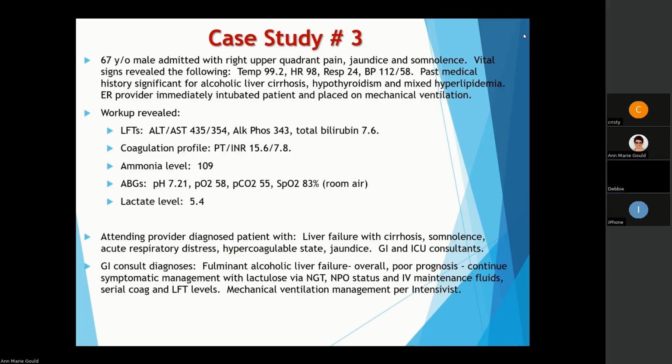But he already documented hypercoagulable state. Oh, yes, he did. Okay, I see that. And jaundice is a CC, so I don't know if they removed it already, but I think it goes to a CC. I had to use it a couple weeks ago.